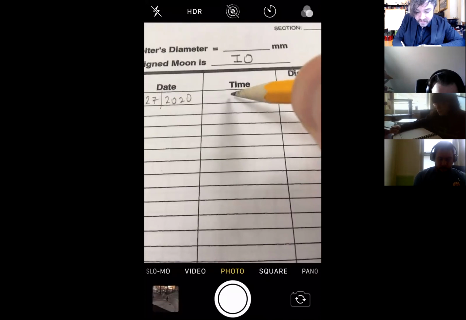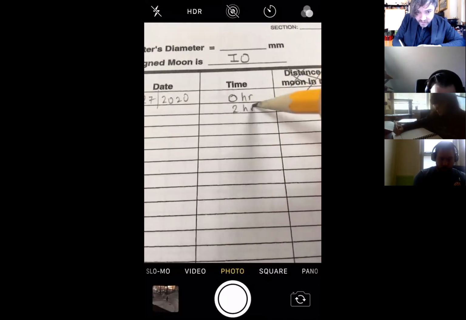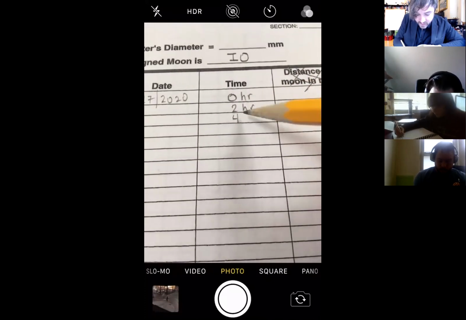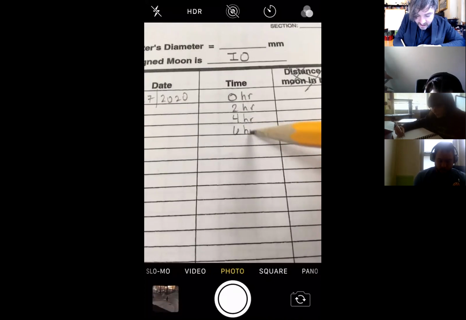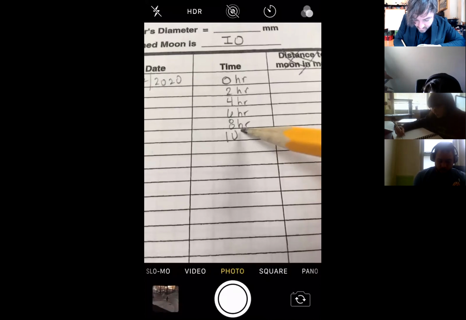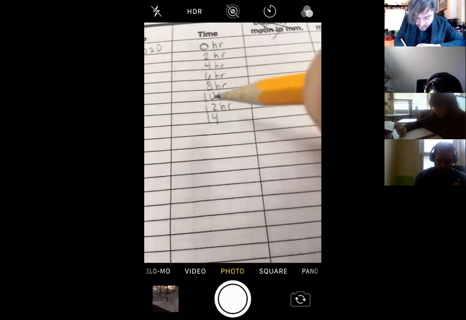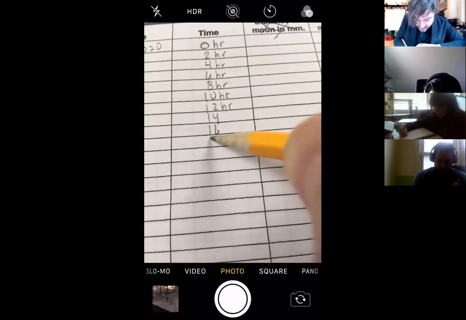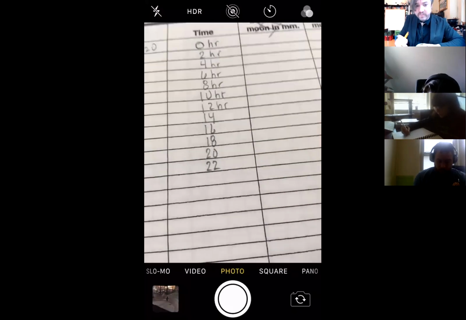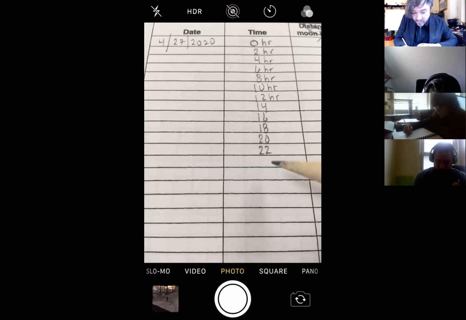So we're going to take measurements at 0 hours, 2 hours, 4 hours, 6 hours, 8 hours, 10, 12, 14, 16, 18, 20, 22. And at the 24th hour, we're going to go back to 0.